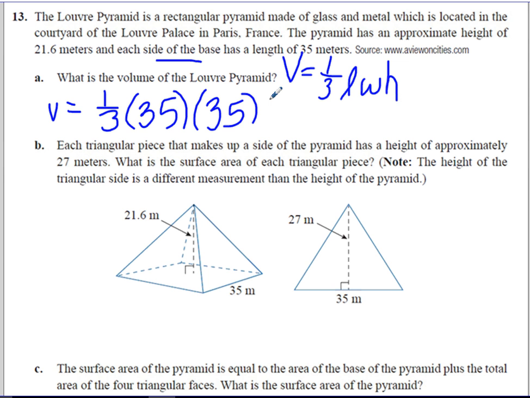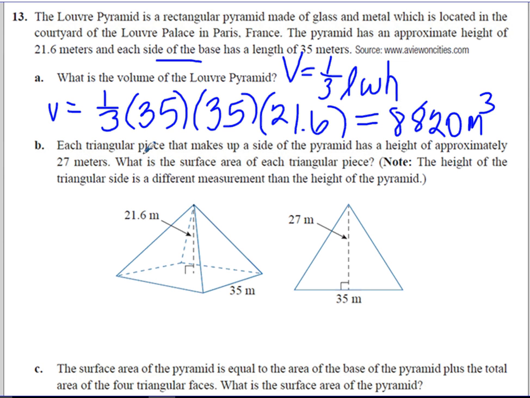So we could have used 35 to the second power instead of two 35s, times the height of 21.6, which when we multiply all those together gives us 8,820. And that is in cubic meters.